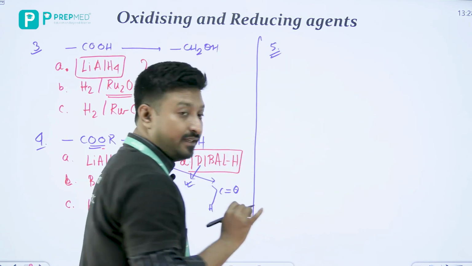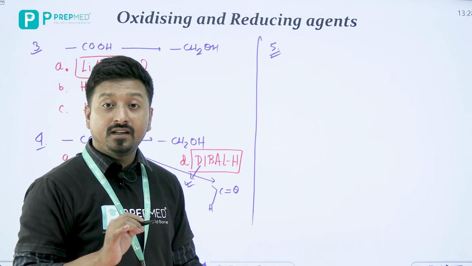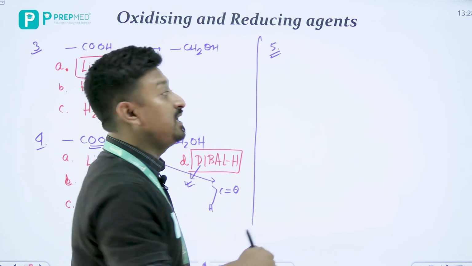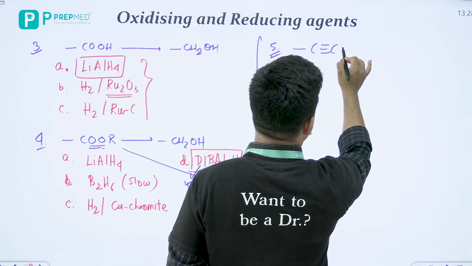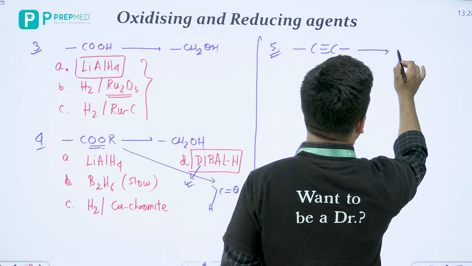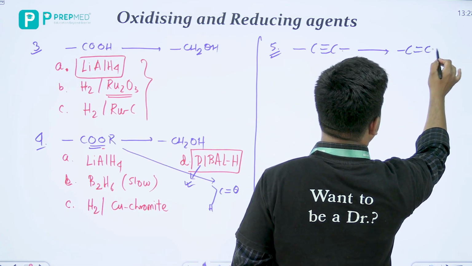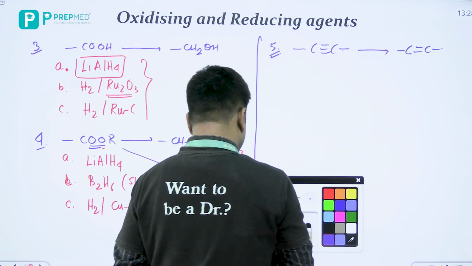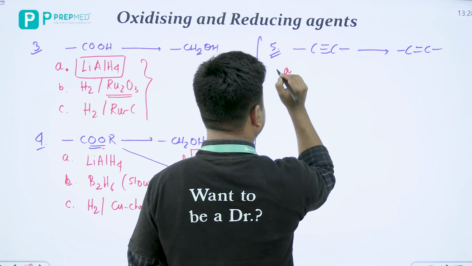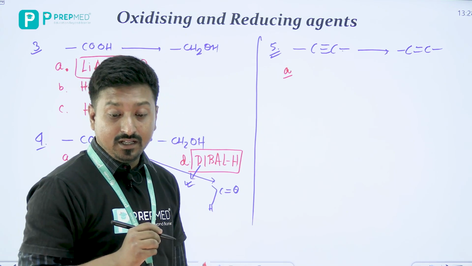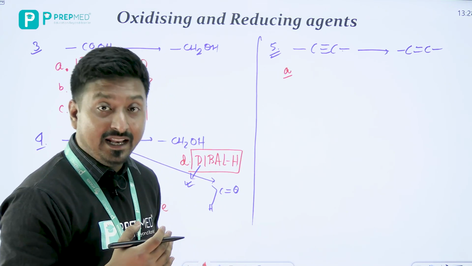Okay, next number 5. Let's see what number 5 is. Number 5 is basically the hydrocarbon section. There we have C triple bonded C and we are converting into C double bonded C. Okay, so the reagent we are using here, number A, is very simple, nickel hydrogen.